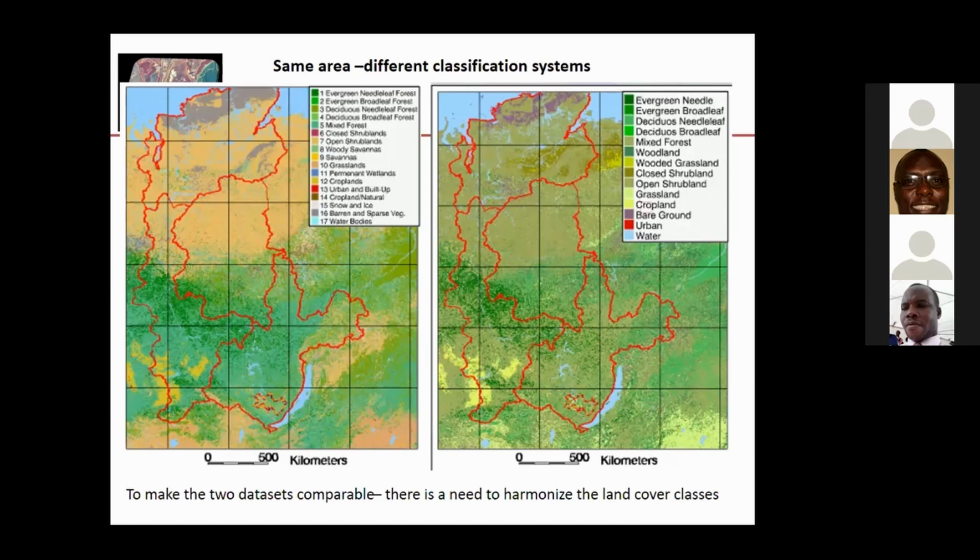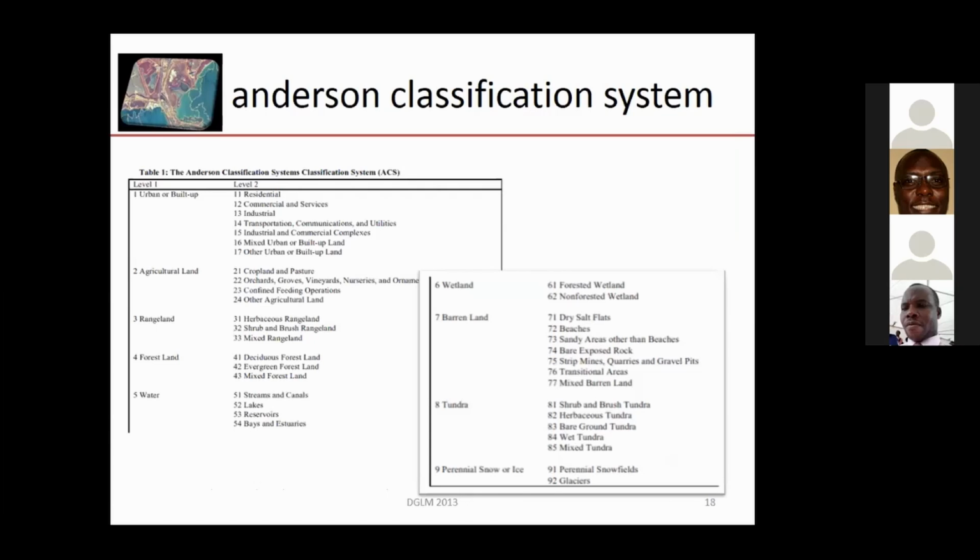Maybe another example is the Anderson land cover classification system that's used in the US. Look at it very well. Just look at, for example, urban or built up. They define it as residential, commercial, industrial, transportation, and so many other classes. Also, agricultural is defined as cropland, pasture, and many other classes.